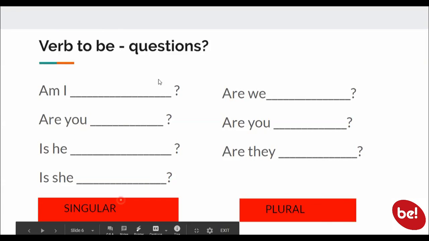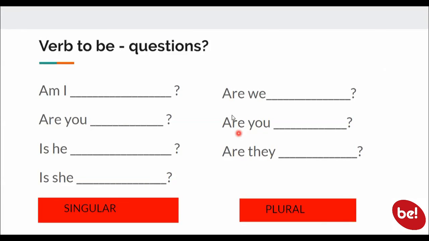Remember, these are all singular. On the plural side, we have are we, are you, and are they. For questions, we always use the auxiliary before the subject.